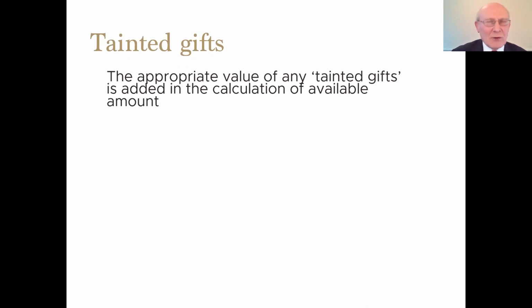And the logic for that is quite obvious, that if a defendant could give everything away before confiscation, then he'd be able to effectively emasculate the confiscation proceedings by giving all his assets away beforehand, coming along saying, I've an available amount of next to nothing, and what are you going to do about it? So the tainted gifts are added back in almost as if the gift had never been made. I say almost as if, but in some ways it's actually worse than if the gift had never been made, and I'll explain why.